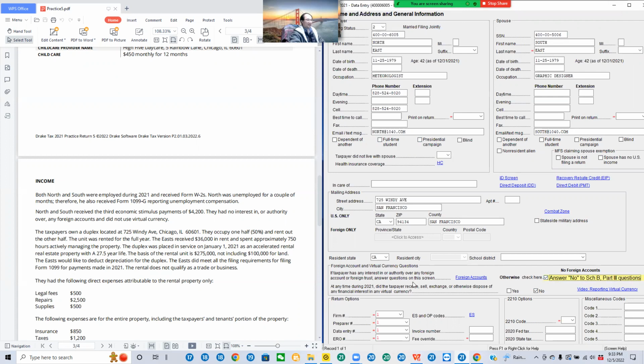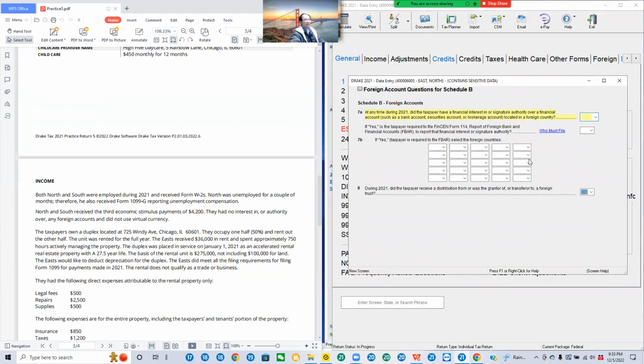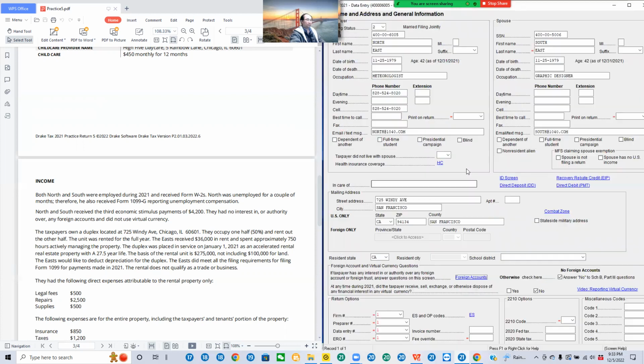The second is whether they have virtual currency. If there's a yes, then you need to report it. If they do have foreign assets, like a bank account of 10,000 plus, then you need to come here. If you check no in here, you don't need to answer those questions.